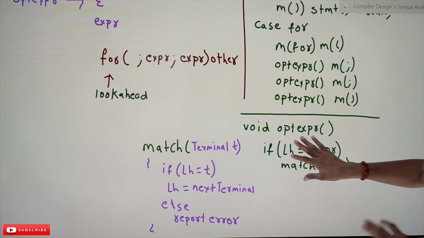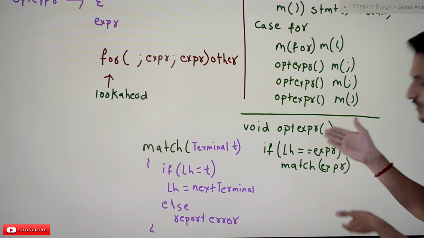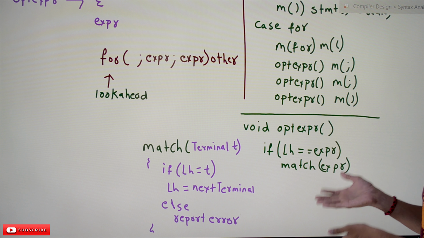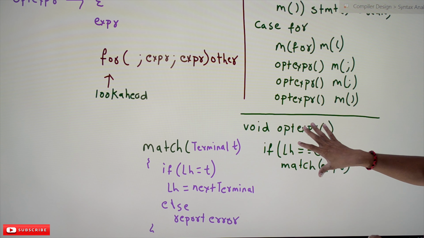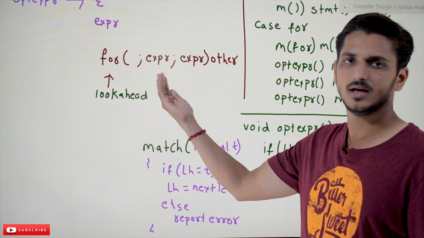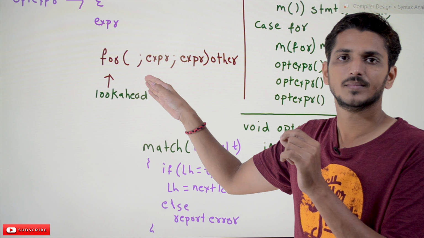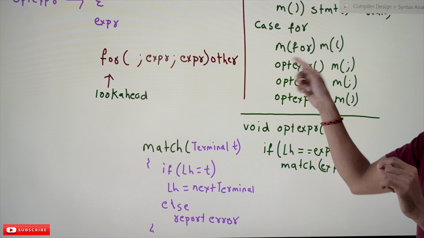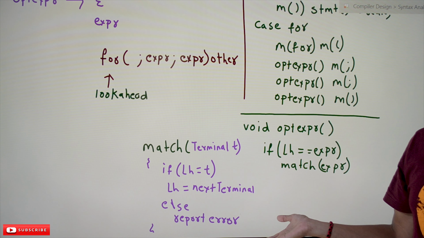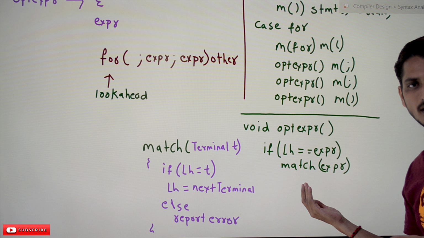If you come out of this if condition, there is nothing to execute in the optional expression function, so the function is completed. But we are not moving ahead; we are still staying on the lookahead symbol semicolon. Without consuming input, we eliminated this. That is what epsilon means. This is how epsilon is executed in programming.